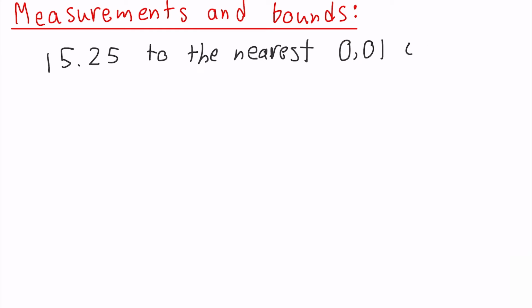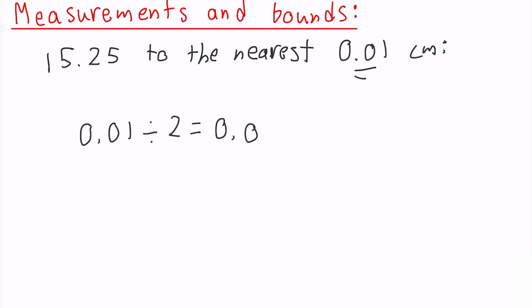So we are going to do 0.01 divided by 2, which equals 0.005.